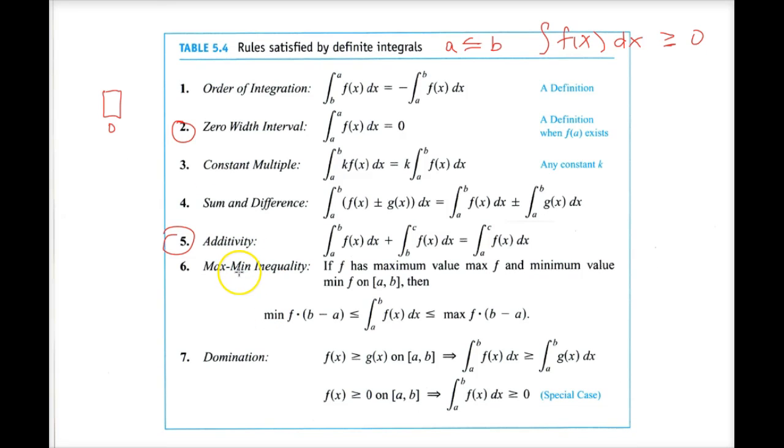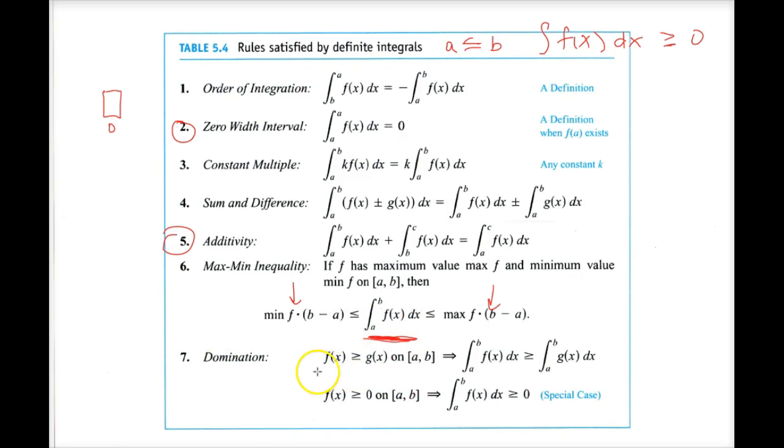Property number 6 is letting us know that if we don't necessarily know how much area is under the curve here, one thing that we can do is use constant functions to say, all right, well, we know that it can't be below this amount and it can't be above that amount. Okay, and we're going to actually see some examples on how we use this particular inequality property.